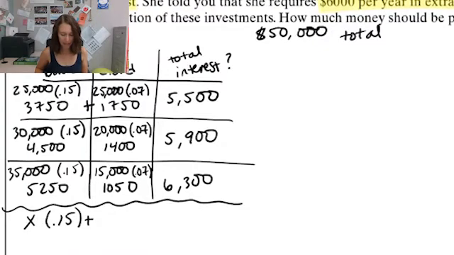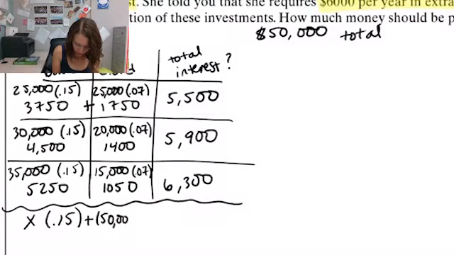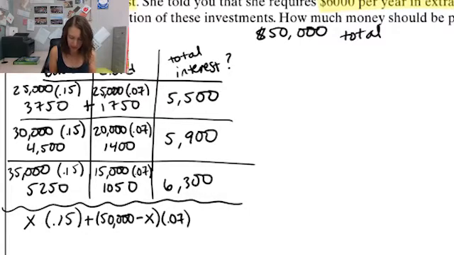How did we get that second number depending on how much we put into the bond account? Well, we took that and subtracted it from the 50,000. So we've got $50,000 minus X. So minus whatever we put over there. That's multiplied by 0.07. And then we want it to be equal to $6,000. So we're going to set it equal to 6,000.